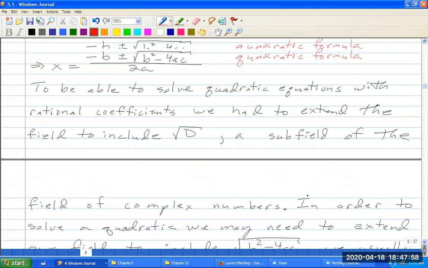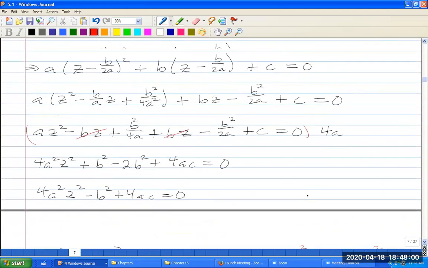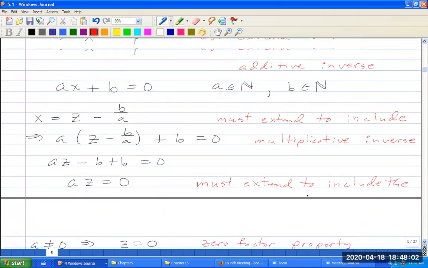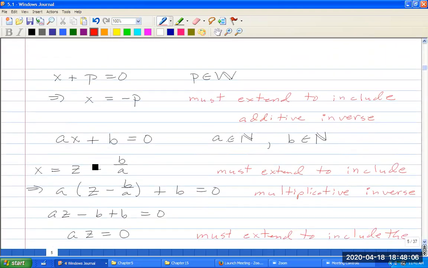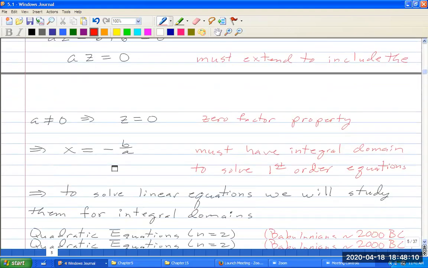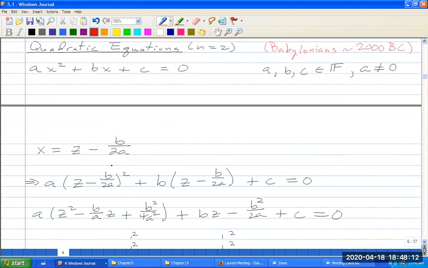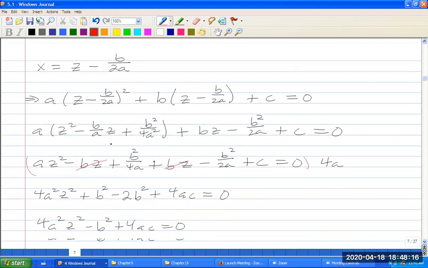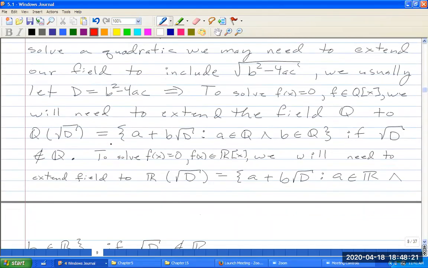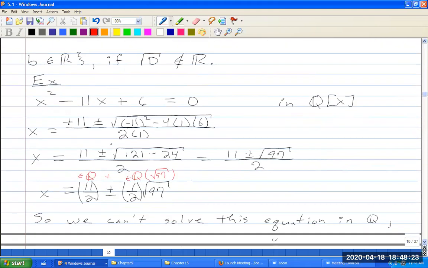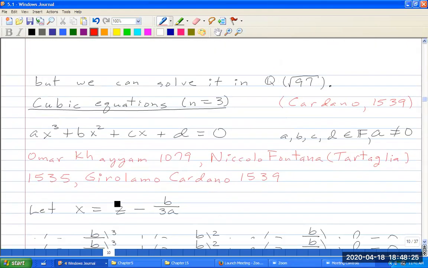Notice here, I did for linear z minus b over 1a, quadratics z minus b over 2a, cubics z minus b over 3a.